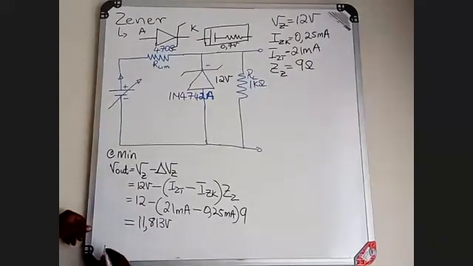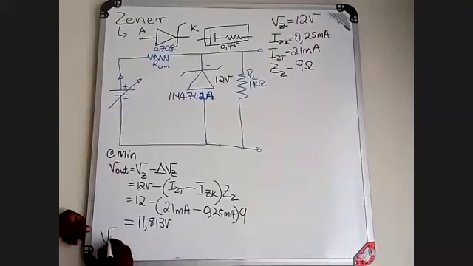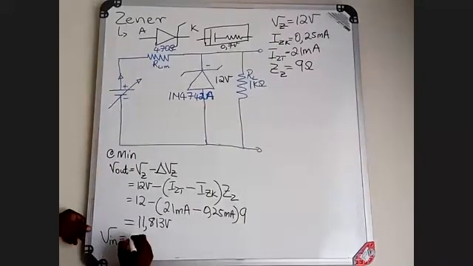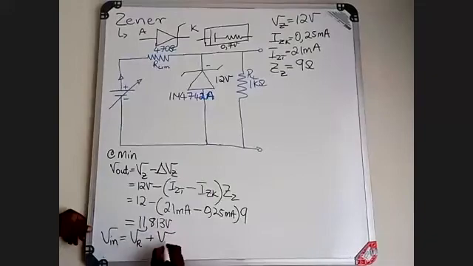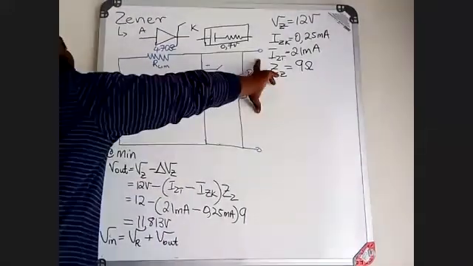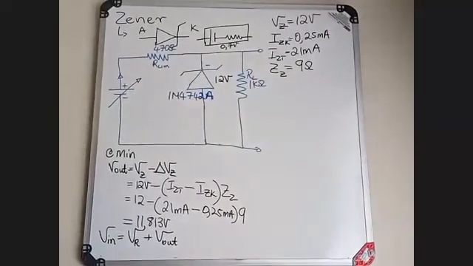Then we're going to say my V in, which is your input voltage, is going to be your V of R. I just made a mistake before. Your V of R plus your V out. Now, your V out is the voltage that you are measuring across the Zener diode.